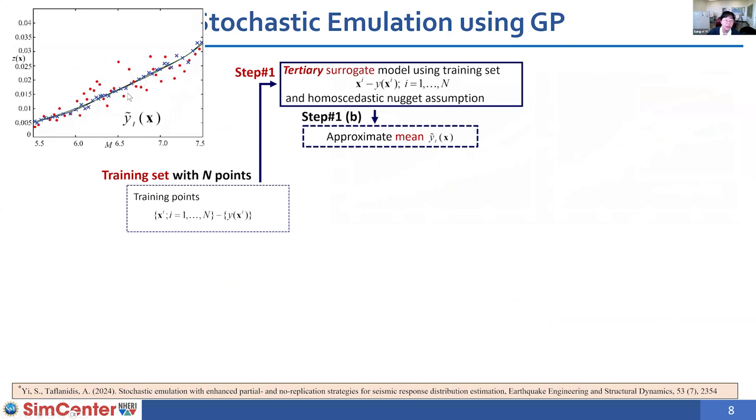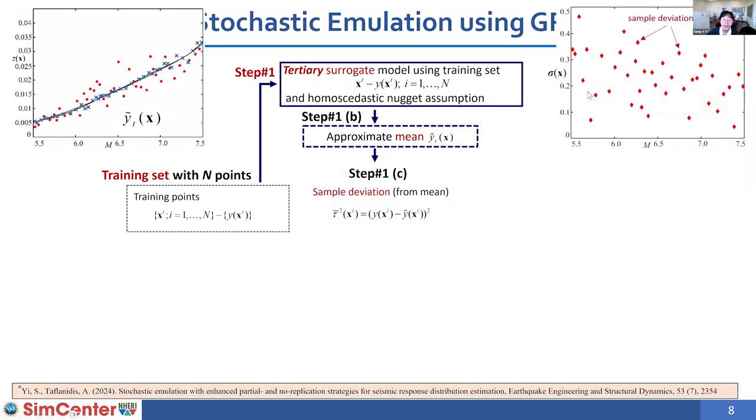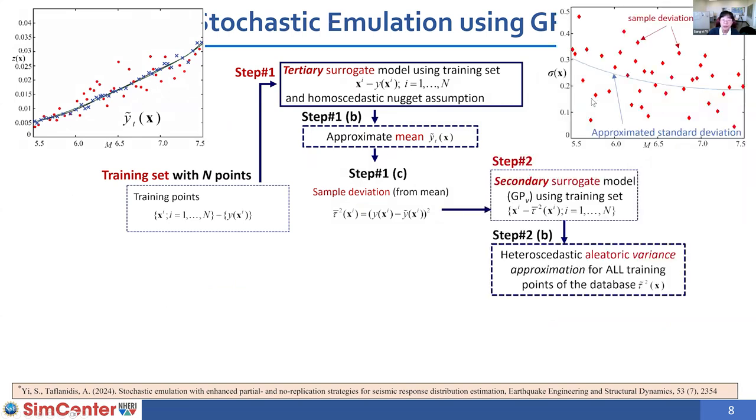Once you have approximated your mean function, you can see how each of these samples deviates from your mean function, and then collect those sample deviation values so that they can be used to learn the underlying variance function of your data set. We call this surrogate, which approximates the level of variability, the secondary surrogate.